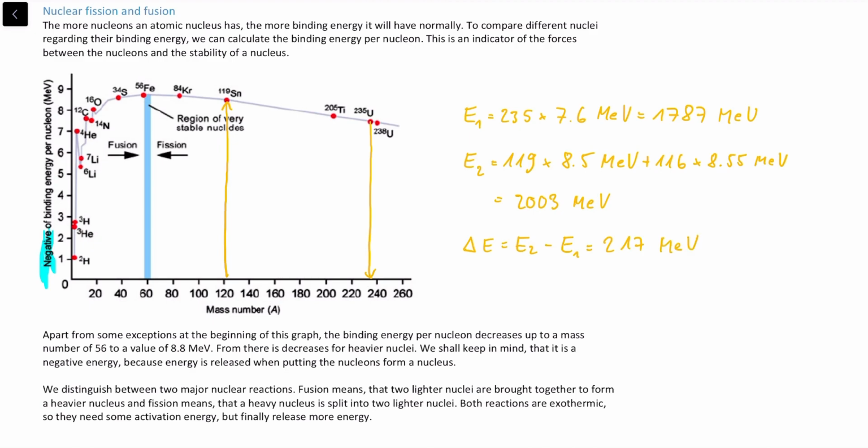And now again, where does this energy come from? We have learned before that delta E is equal to delta M, the mass defect, times c squared. So let me explain this again. In the first step, we put energy into the system, and this generates some mass.